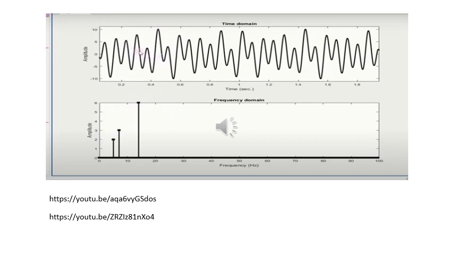It identifies a complicated waveform, decomposes it into simple waveforms, identifies its frequencies and plots them in a frequency amplitude graph. I have added two YouTube links here. This will show you more examples and applications of the Fourier transform.